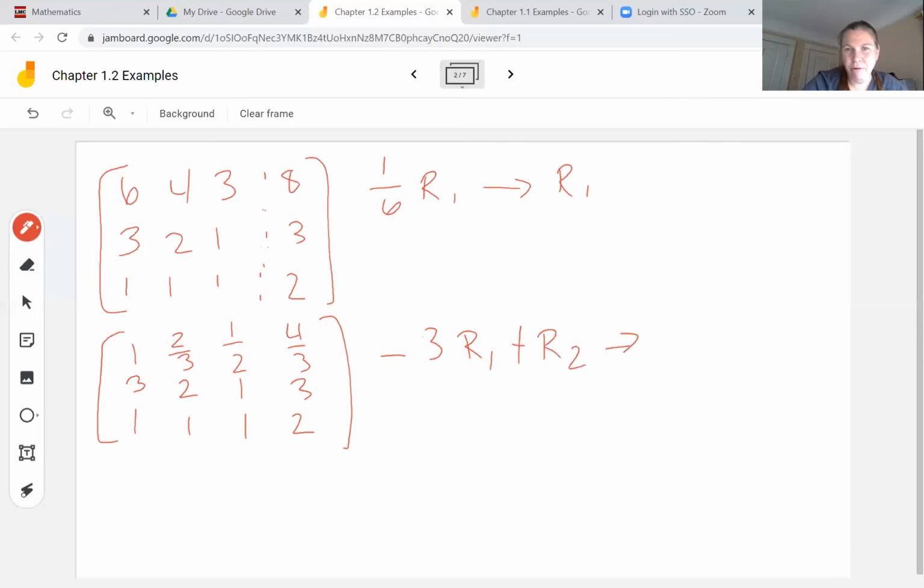And that'll give me my new row 2. So you can go through those calculations and see that our resulting values will work out to be the same first row, 1, 2/3, 1/2, 4/3, and now row 2 is reduced down to 0, 0, -1/2, -1, and row 3 for now is unchanged, so I'm going to go ahead and manipulate that next.